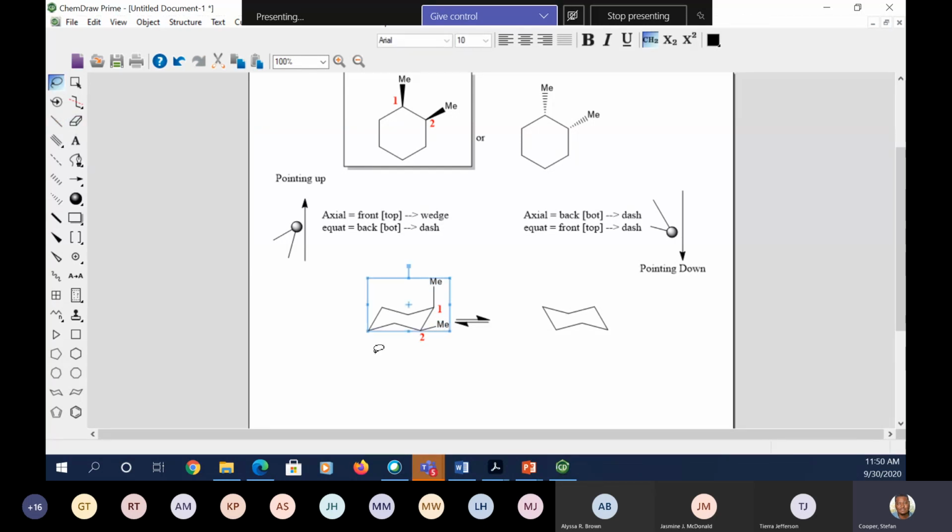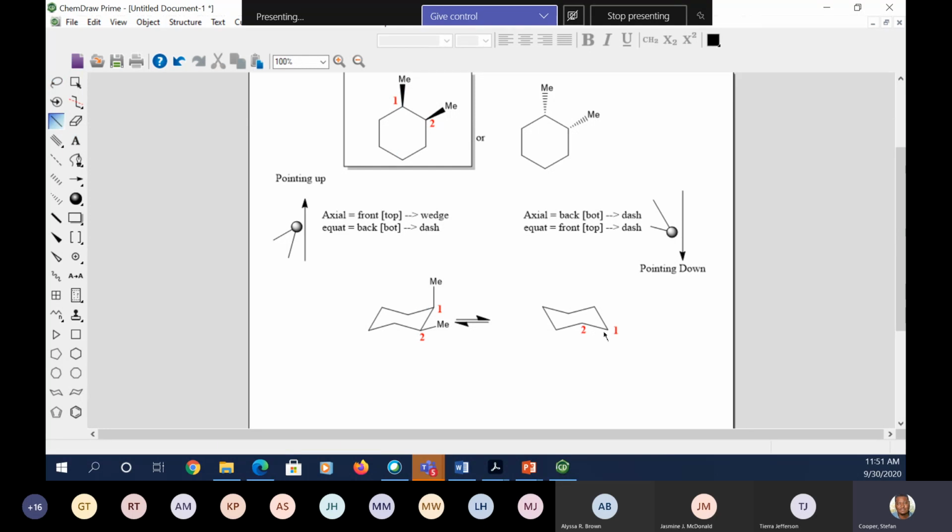And I have to do my ring flip now, right? So in my ring flip, my 1 moves down here. My 2 now becomes over here, right? I still have to have the same relationship. They still have to be wedge and wedge. If I don't do that, I'm drawing a new molecule.